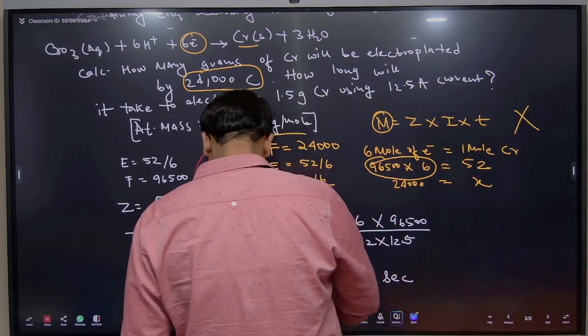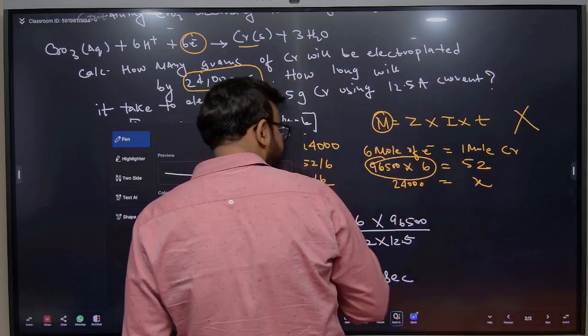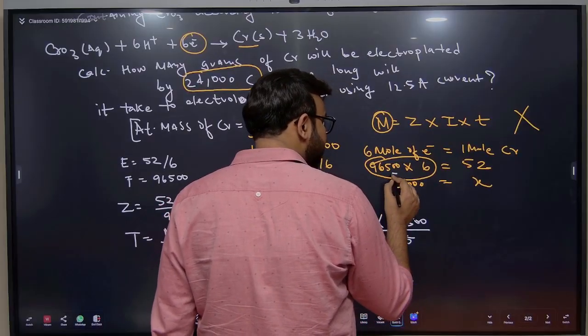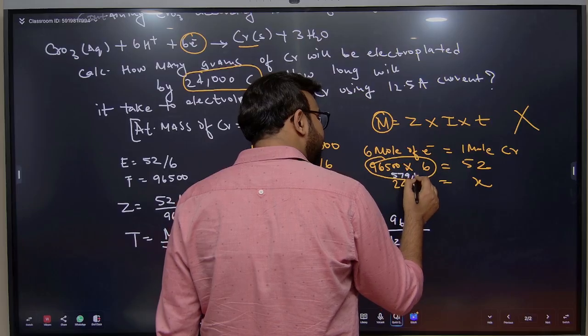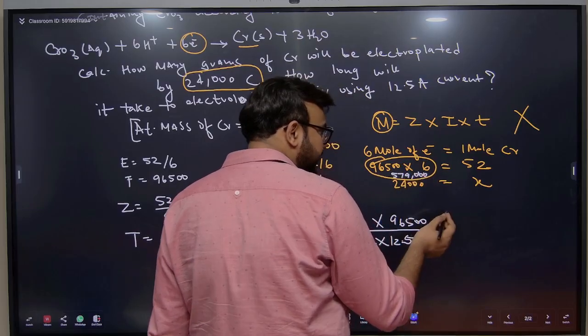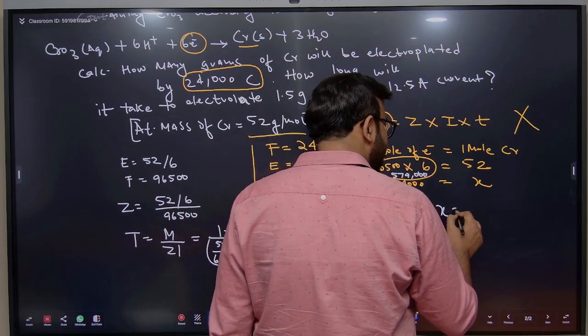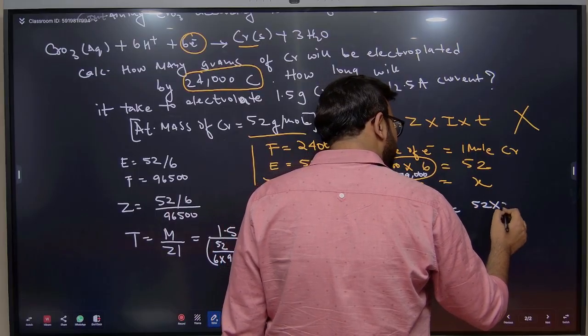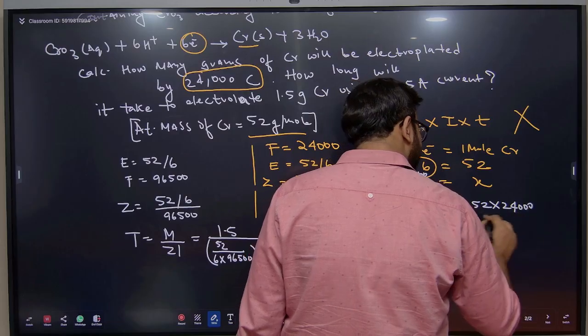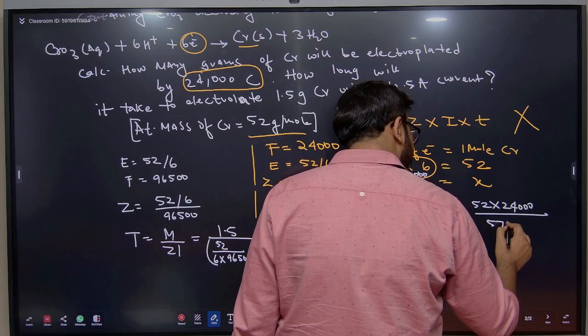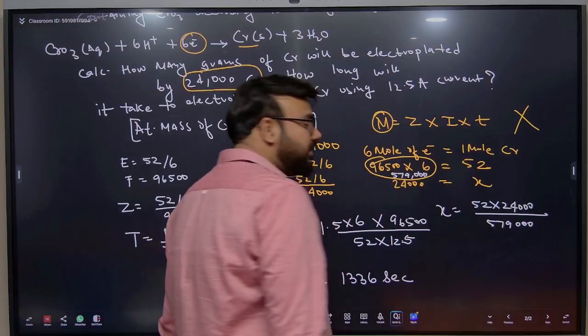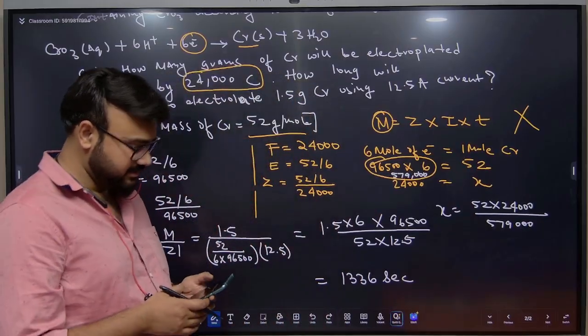What I'm getting is 5,79,000. So that means x is equal to 52 into 24,000 divided by 5,79,000. Now solve, how much is this?